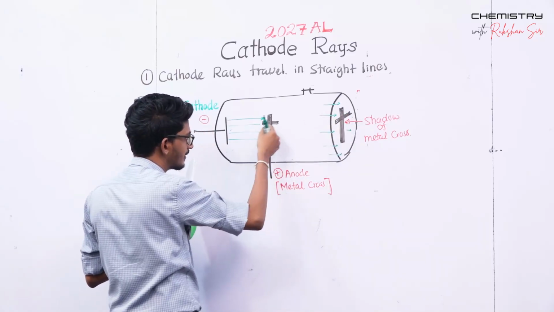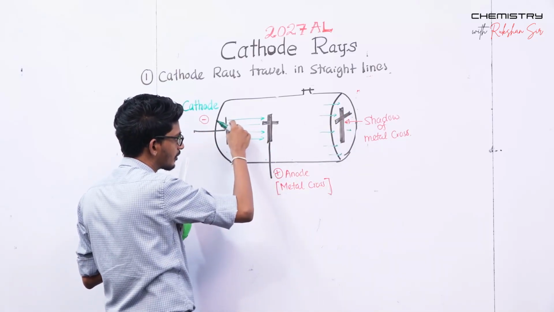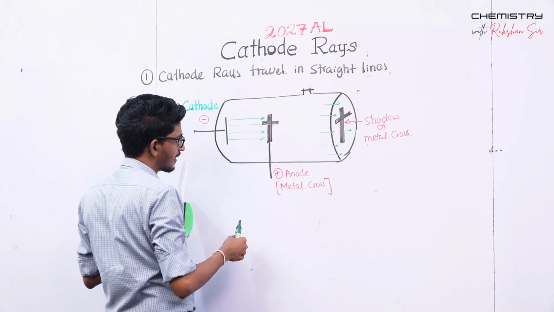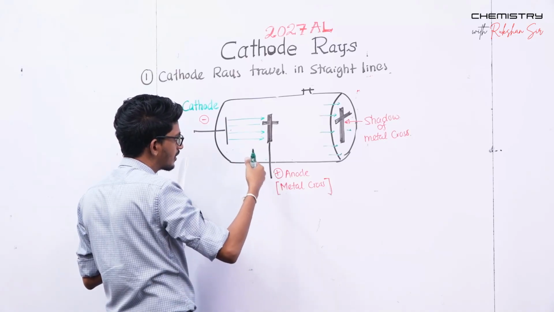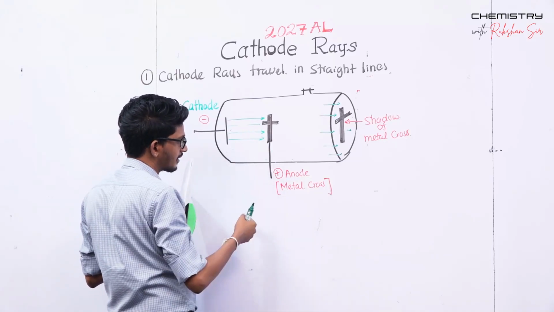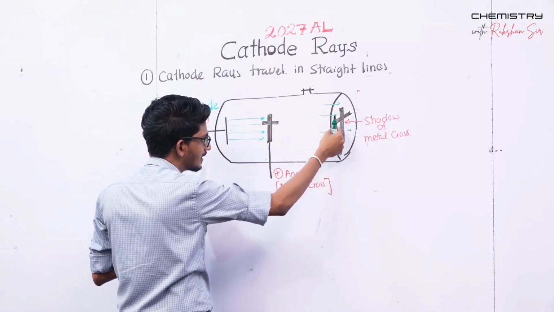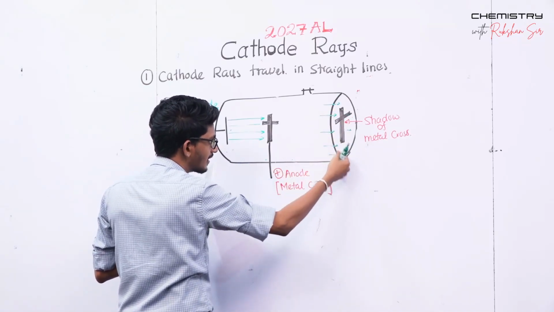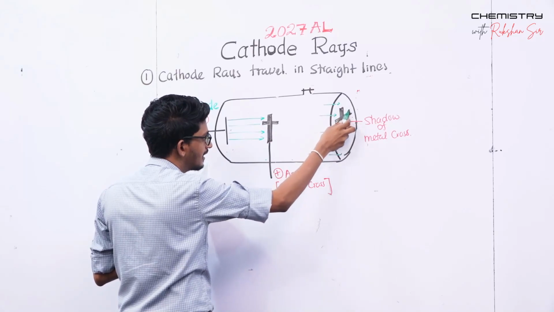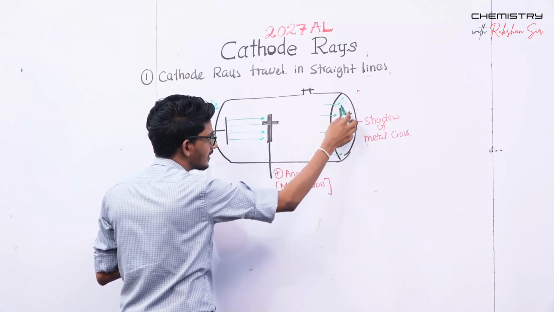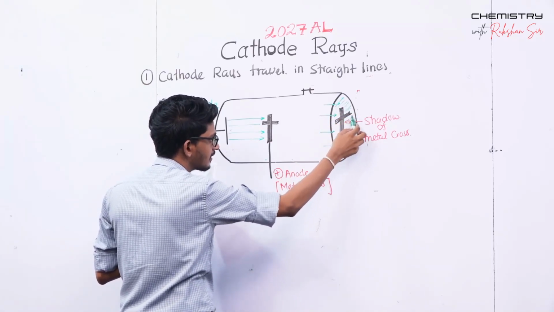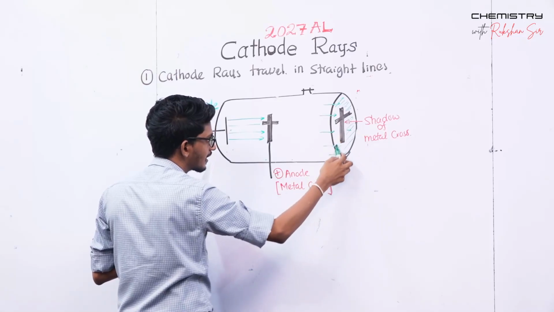Those are the situations where the cathode rays are coming directly to the cross. The cathode rays which are able to pass the cross came and hit the walls of these areas, that is why you see some green color appearing in these areas. These areas are green colored because they are hit by the cathode rays.